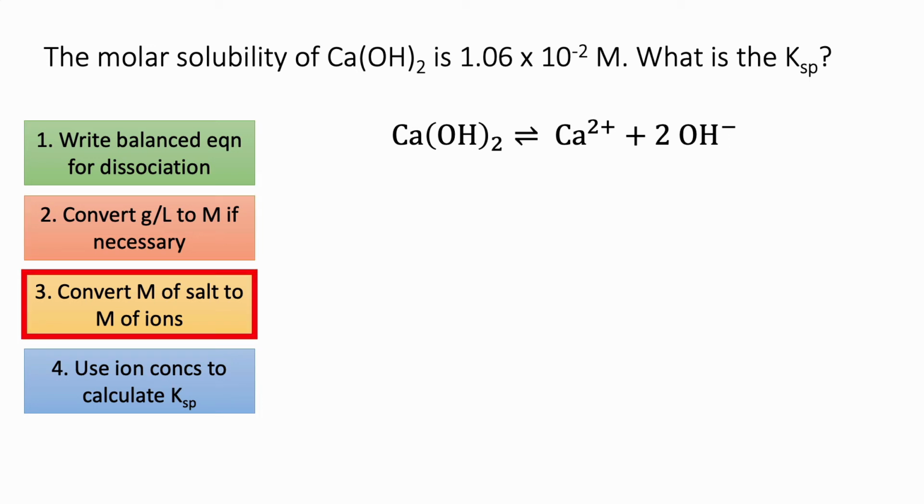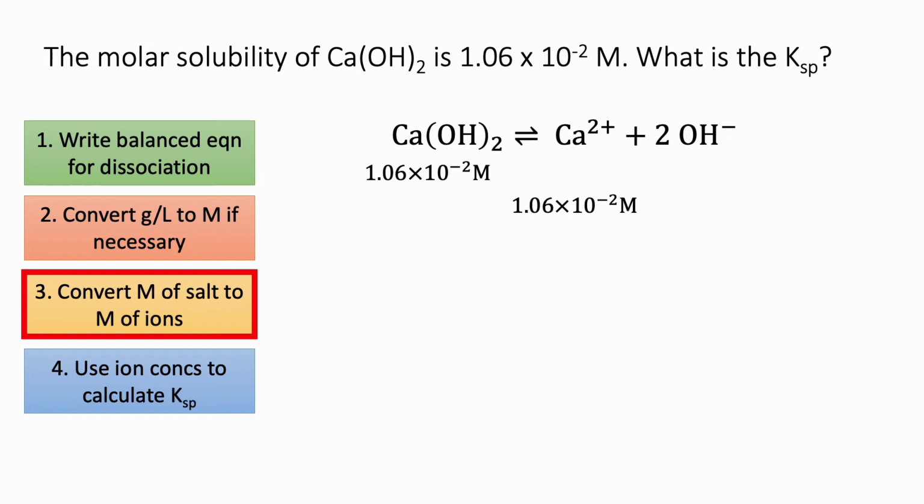Step 3 is to convert the molarity of the salt to molarity of ions. So we know that we have 1.06 times 10 to the minus 2 molar of calcium hydroxide in a saturated solution. What does that mean? Well, for every mole of calcium hydroxide that dissociates, we have 1 mole of calcium 2 plus.